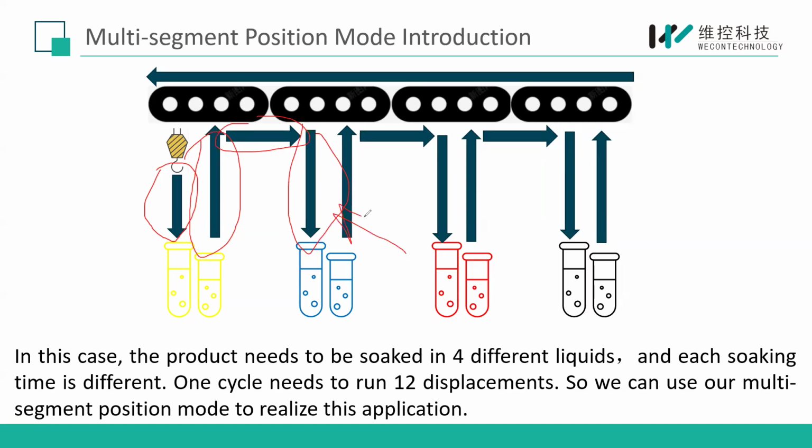For each segment, we can set the distance, set the speed, and set other running parameters, and make our products run like this, step by step, and cyclically. With this, we don't need to connect a PLC to do the logic control.